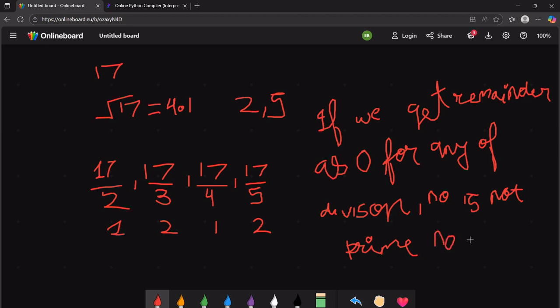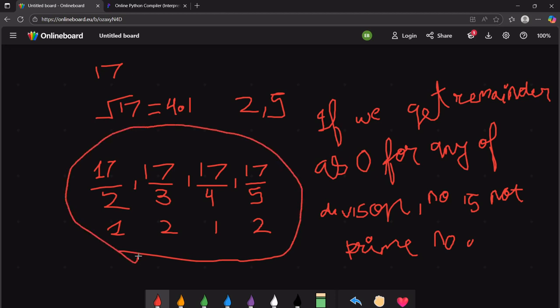As you see, this is a prime number as we don't get 0 in any case here. We didn't get 0, so it is a prime number. If any divisor divides the number, then it is not a prime number.